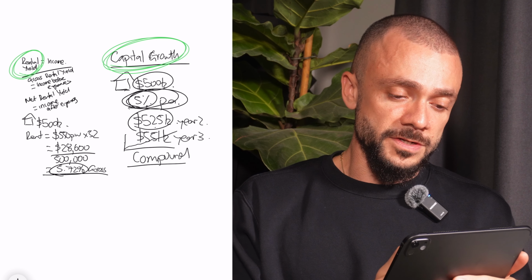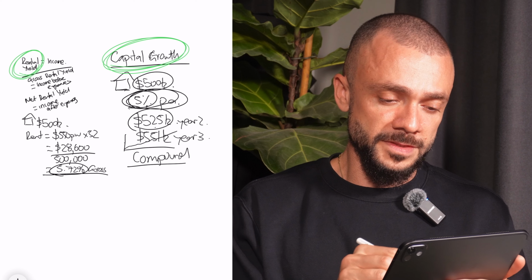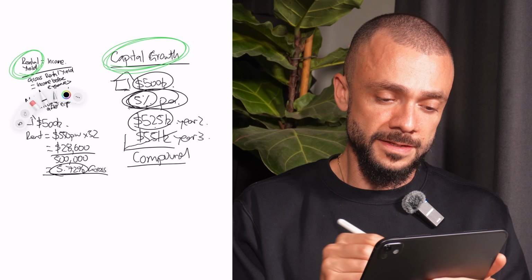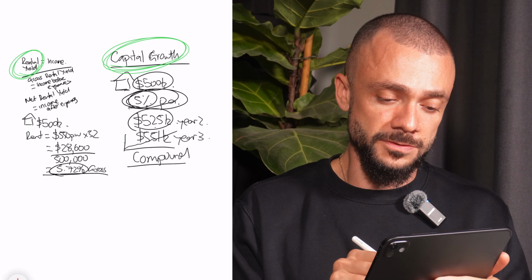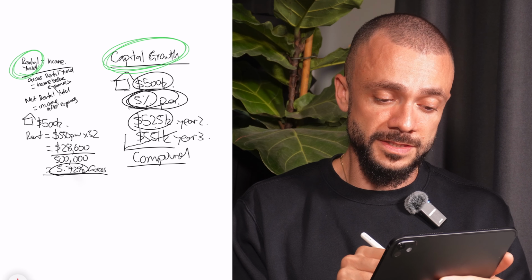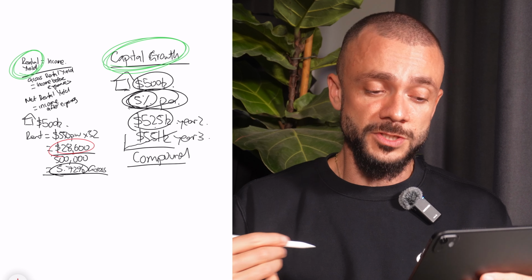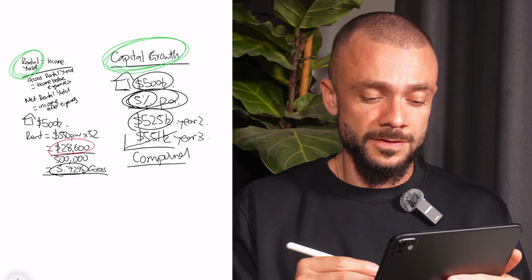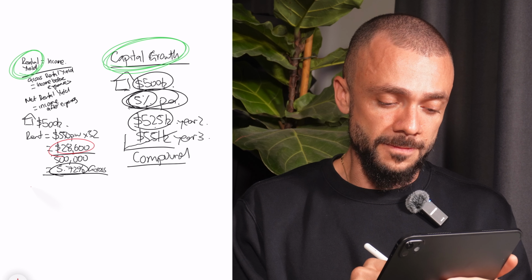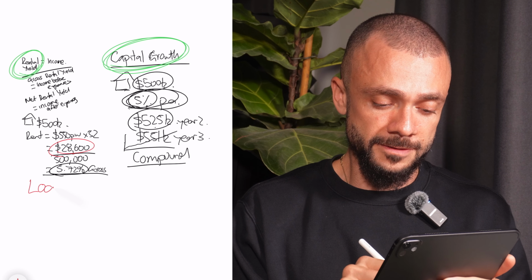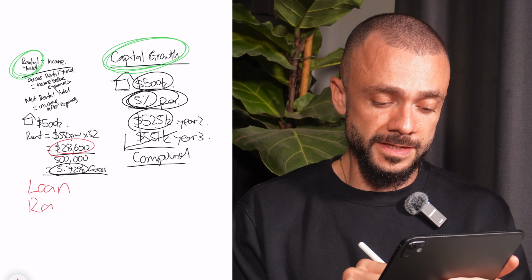Now, if you were solely focused on cash flow, this property here, like we said, is going to make you $28,000 a year in rental income, which on the surface level sounds great, right? But most of the time, we're going to have a loan to pay back. We're going to have council rates.